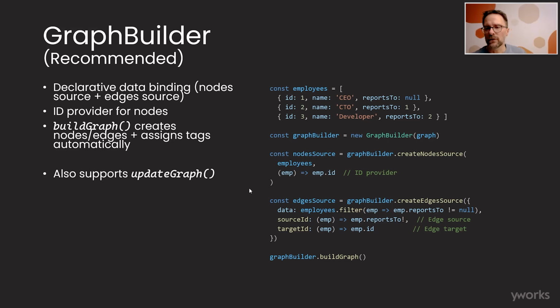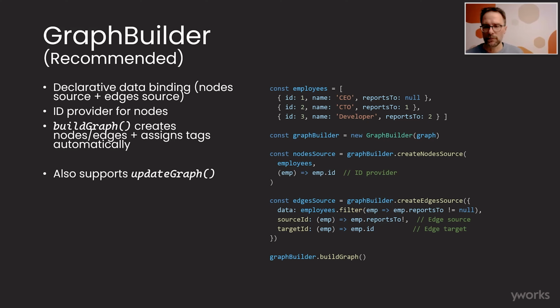Then what you need to do, at least to get something useful, is to tell the graph builder where to find the nodes. And in this case, I'm telling it to look at the employees and check out the ID property.